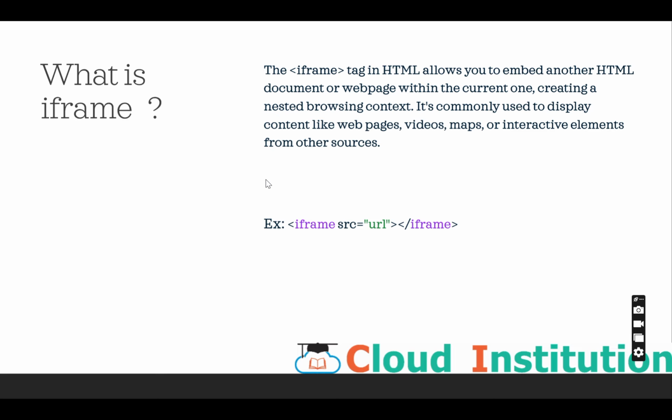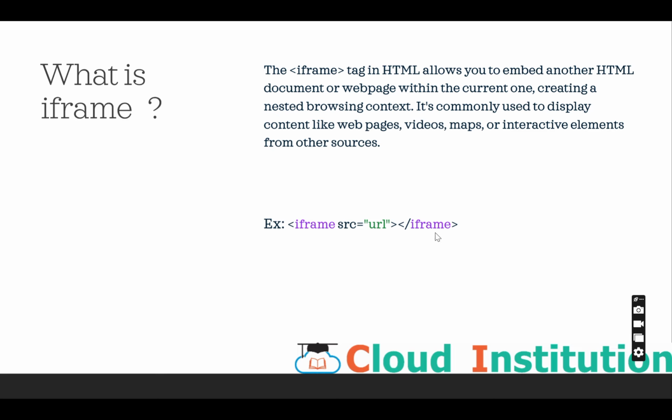Basically we use this iframe to add videos or maps or something like that. Web pages also, if I want to add, I can use this iframe. The basic syntax is iframe, src and the URL of whichever website you want to add, and the close tag.